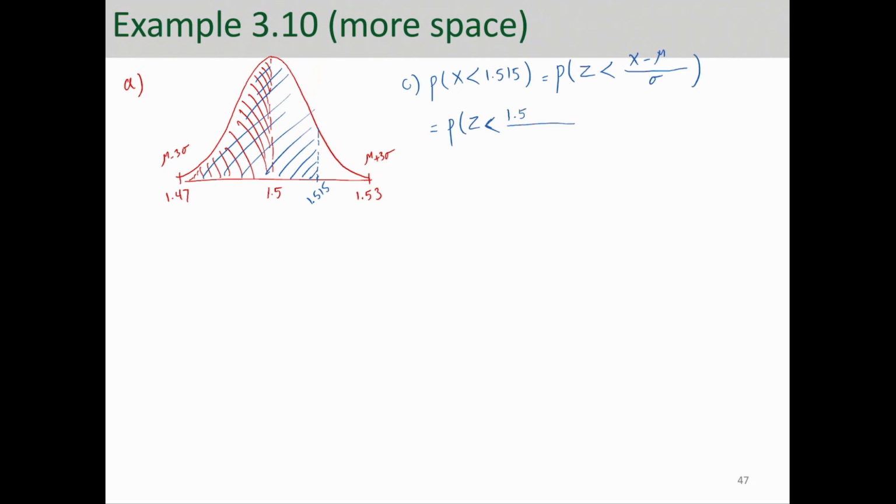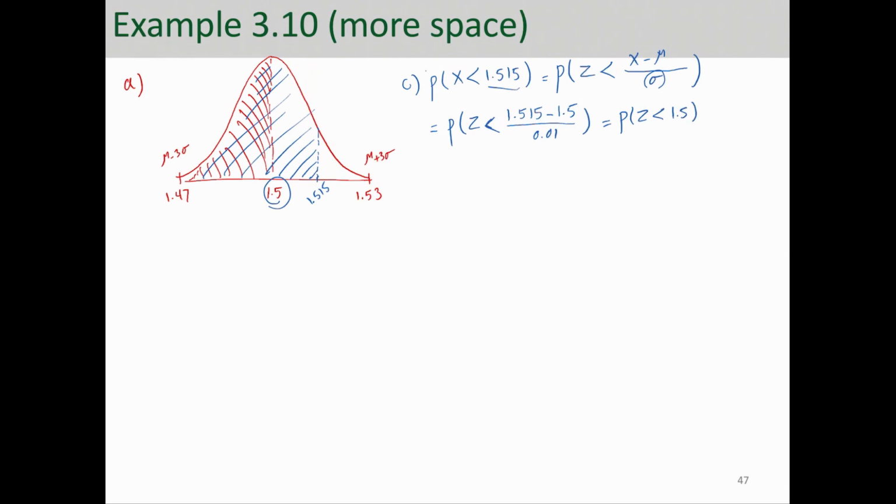X is 1.515, what has been asked here, minus mu, which is the average, 1.5, over sigma, which is the standard deviation, 0.01. Now let's calculate that. That is the probability of Z less than, if you do the math here, 1.5.